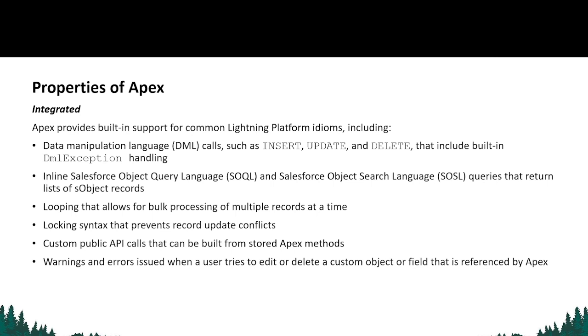Now warnings and errors are also generated whenever a user is trying to change the value of the object, trying to delete or modify any object or field. Then also the warnings and the errors are generated.